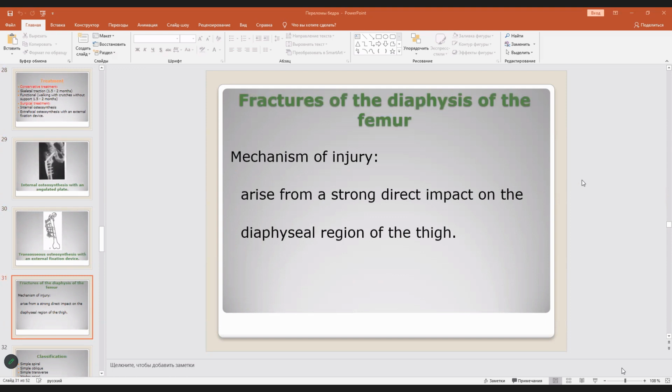Fractures of the diaphysis of the femur. Mechanism of injury: arise from a strong direct impact on the diaphysis region of the thigh.